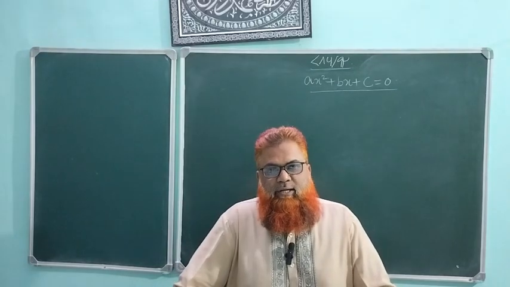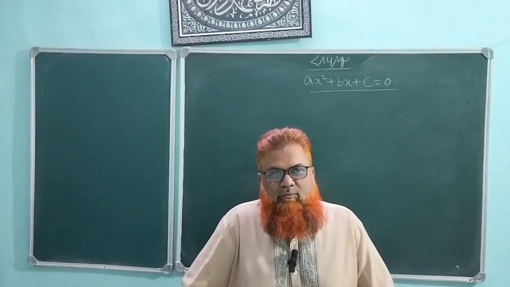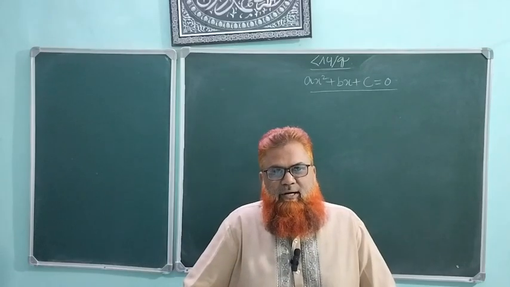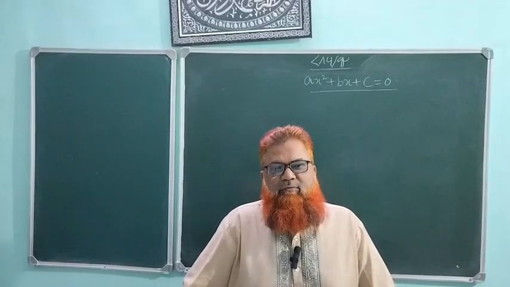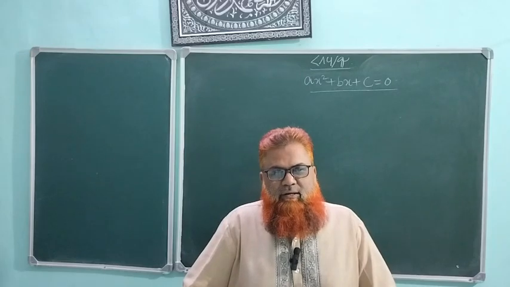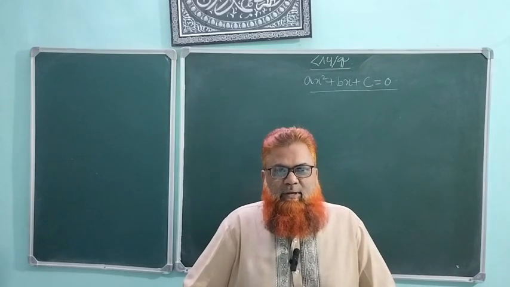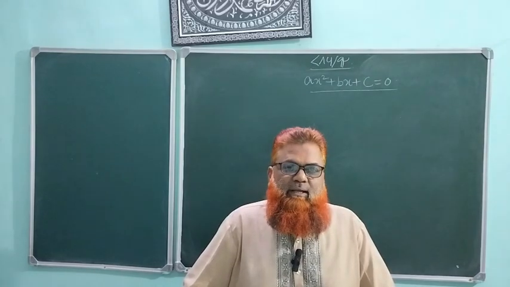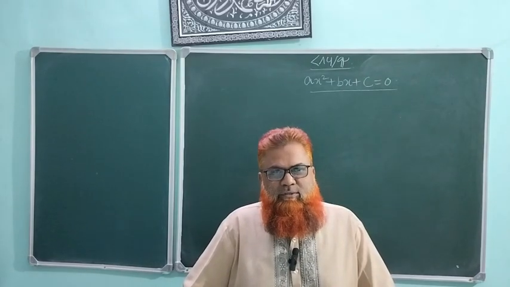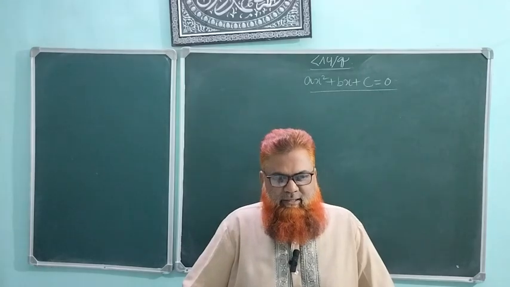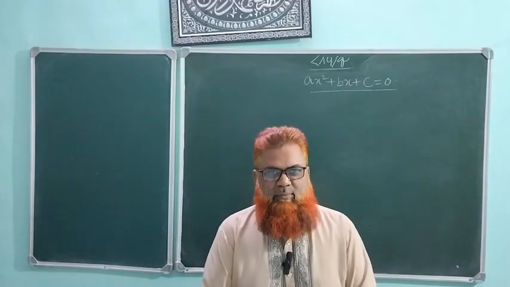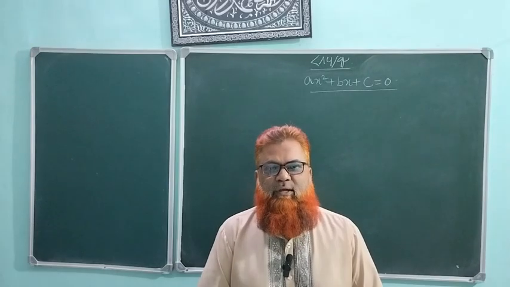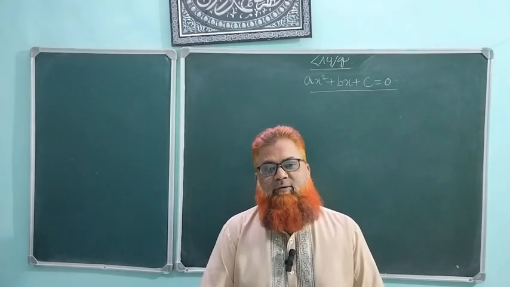Okay viewers, today I am going to derive the formula of the quadratic equation that I discussed in my previous class. That same topic will be continued here. I derived the quadratic formula by using the completing square method. ax square plus bx plus c is equal to 0 is the general form of a quadratic equation.